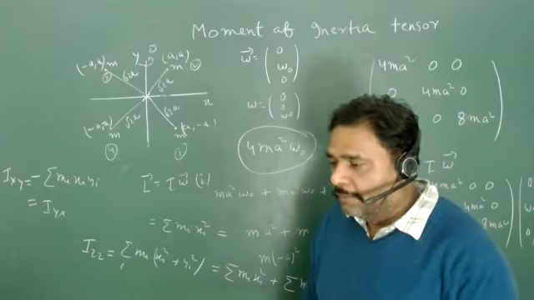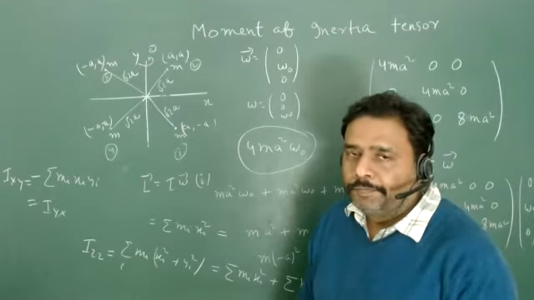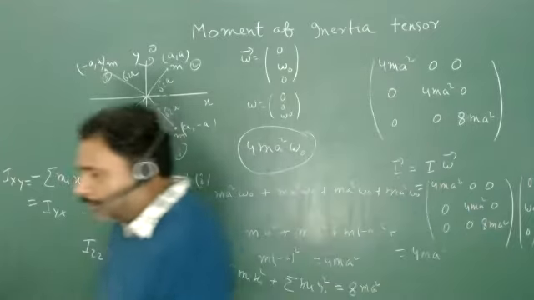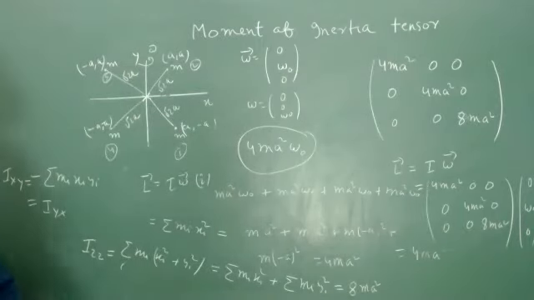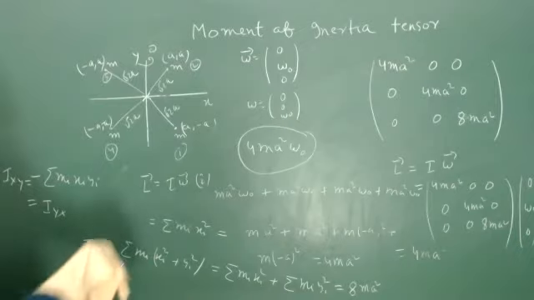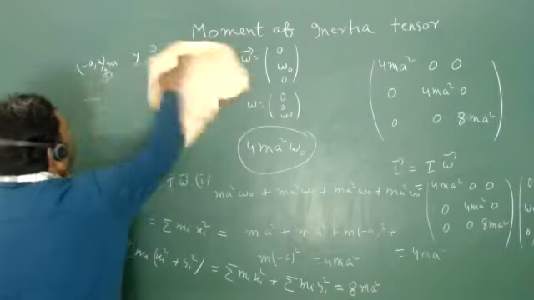Are you comfortable up to this? Okay, so let's go for another problem and we are just going to change the symmetry. Okay, so let's go for a different problem.